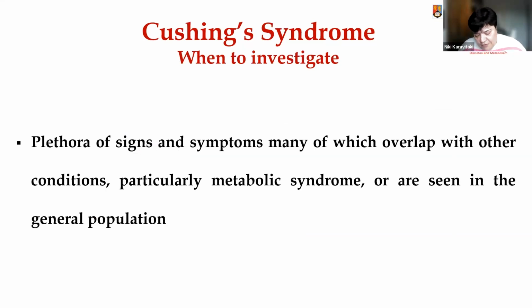So the first question, which can become a big problem in our clinical practice, in our daily clinics, is when to investigate. We know that Cushing's is associated with a plethora of signs and symptoms, and many of these overlap with other conditions, especially with metabolic syndrome, or some of these are even seen in the general population who do not have Cushing syndrome.